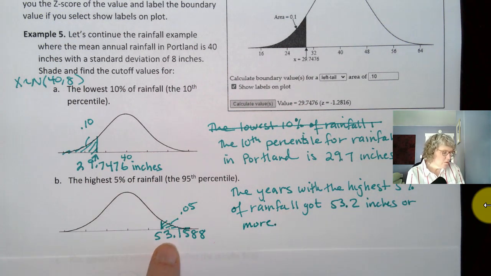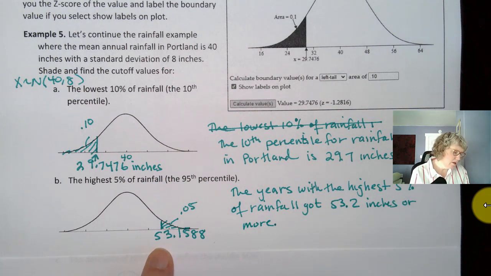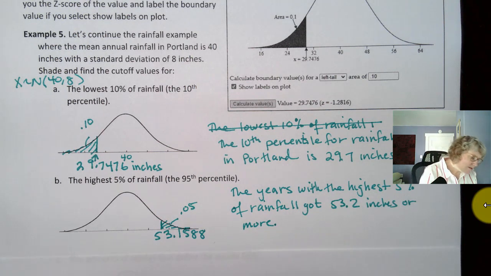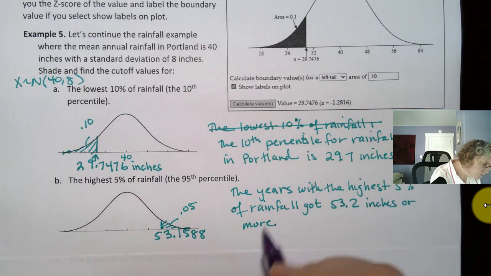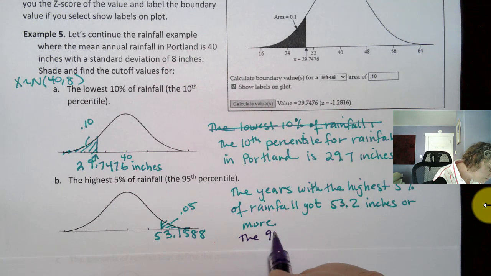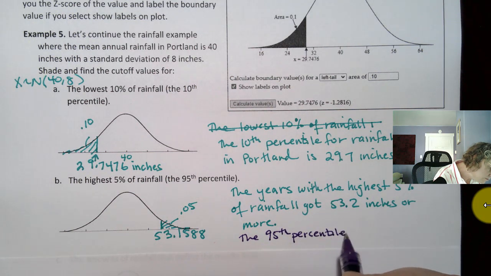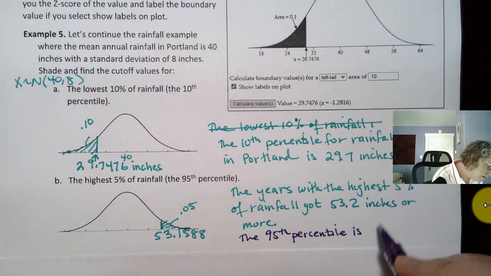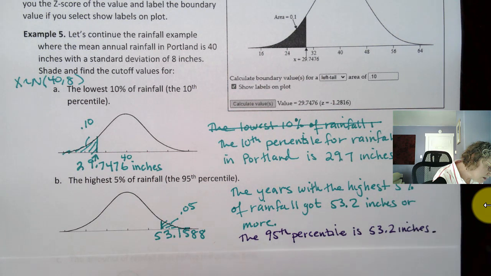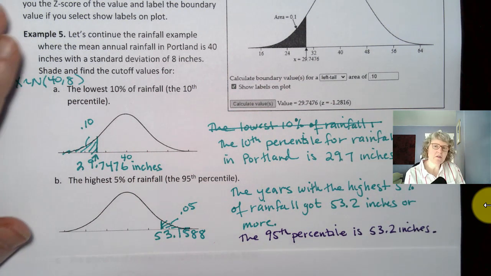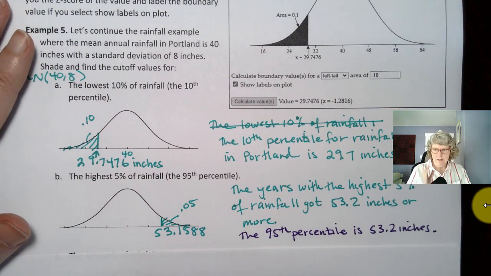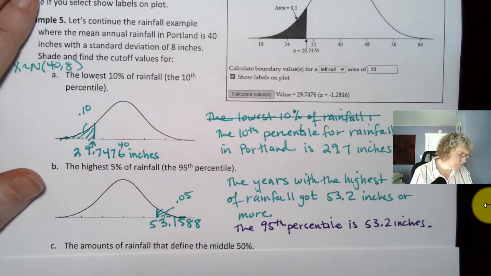Okay, I'm saying or more because they could have gotten more, but the cutoff is actually 53.2 inches, right? The actual 95th percentile is 53.2 inches. We wouldn't say or more for that one because the percentile is the cutoff score.